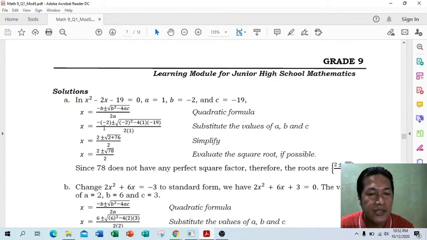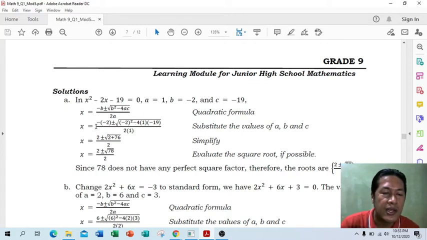Just substitute. So B is negative 2: negative of negative 2, plus or minus the square root of B squared, negative 2 squared, minus 4A, where A is 1, and C is negative 19, over 2A, 2 times 1. And then we just use the calculator. Negative times negative 2 is 2. Negative 2 squared is 4.